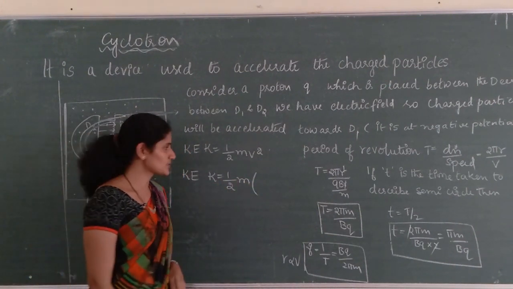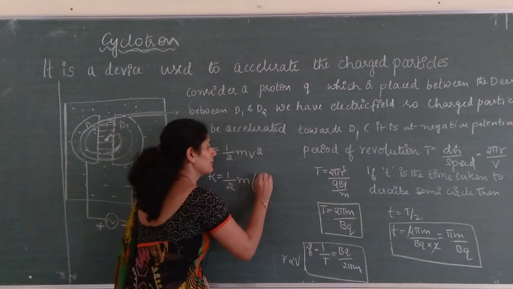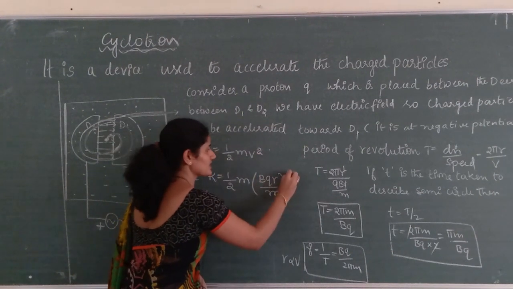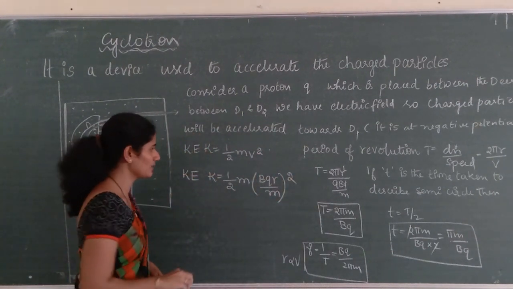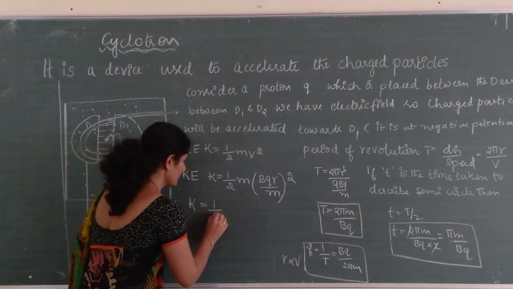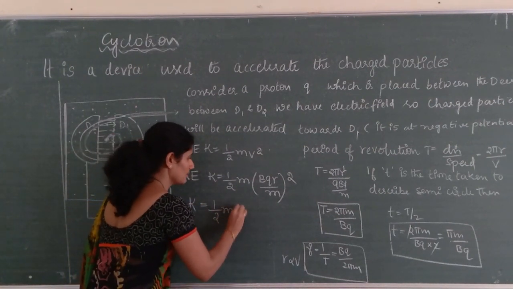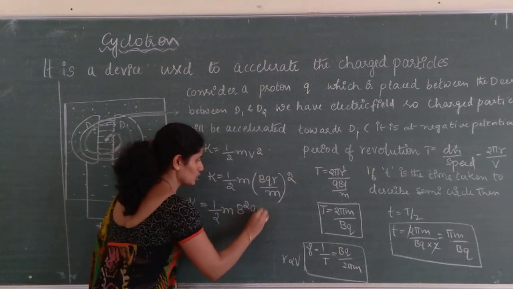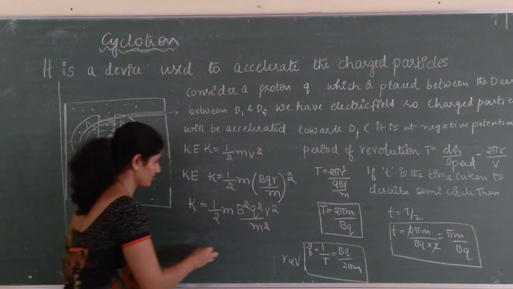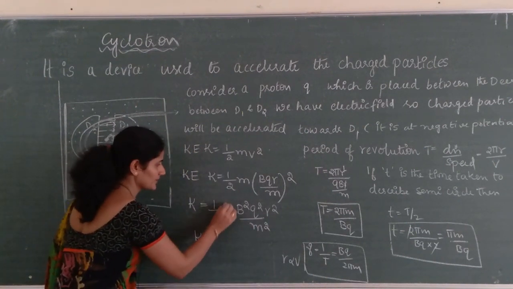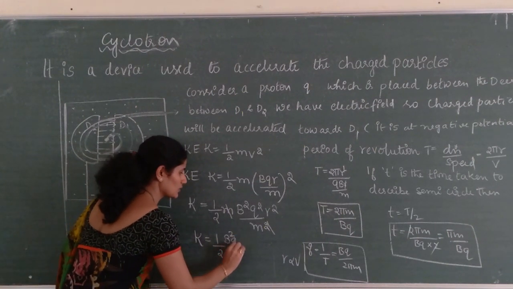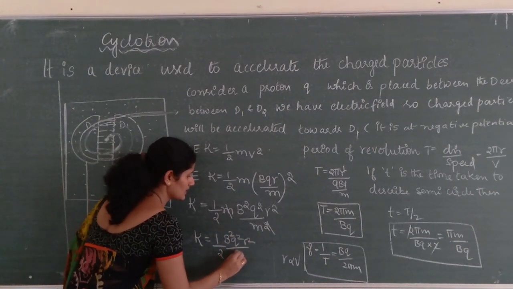We know that the expression for V is BQR divided by m. So, V square is BQR divided by m whole square. So, kinetic energy K is equal to half m B square Q square R square divided by m square. The m cancels, so K is equal to half B square Q square R square divided by m.